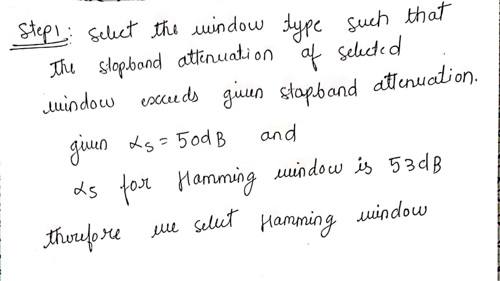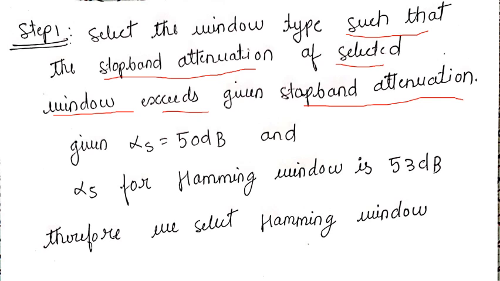Now step 1 to design a FIR filter using window technique is to select a window type such that the stop band attenuation of the selected window exceeds the given stop band attenuation. In the question they have mentioned the stop band attenuation should be a minimum of 50 dB, and therefore we select Hamming window to design FIR filter.